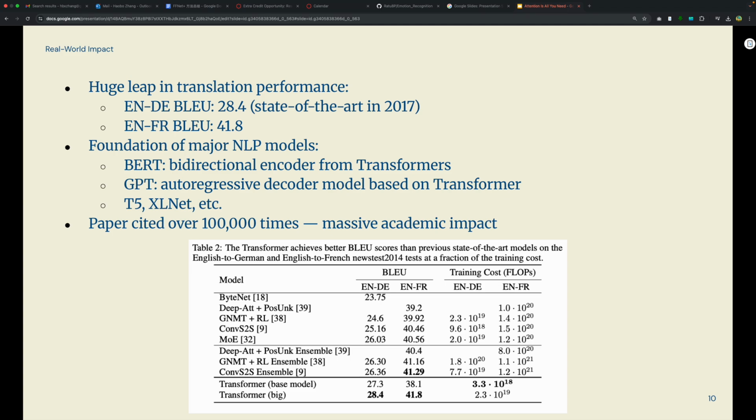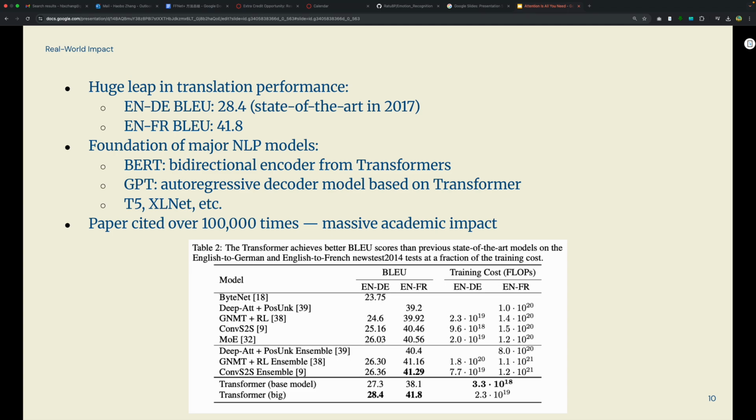And also GPT, including ChatGPT, is based on the decoder half of the transformer and revolutionized natural language generation. Many other models are also built on the transformer-based structure to push the boundaries of language understanding and generation.